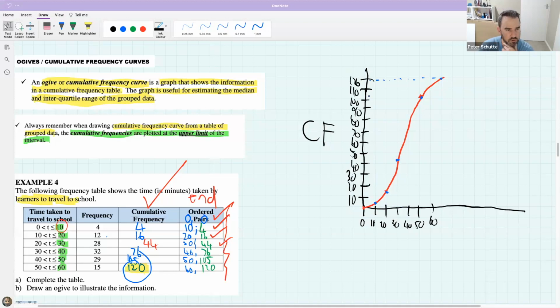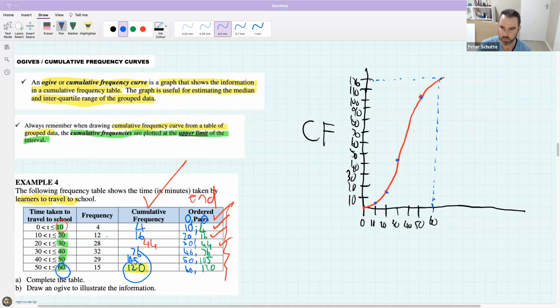Why don't you do the interval 60 to 70? Okay, good question. We do not need to ground the ogive or the cumulative frequency curve. It ends, because remember the ogive focuses on the end points of the interval.